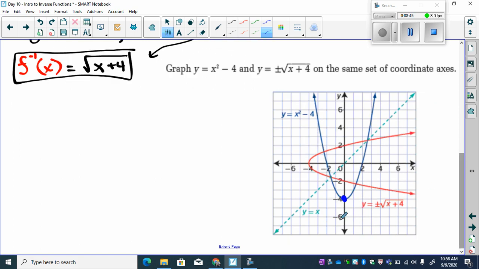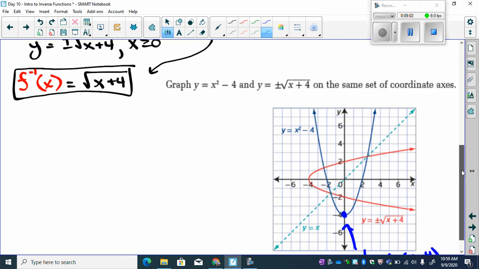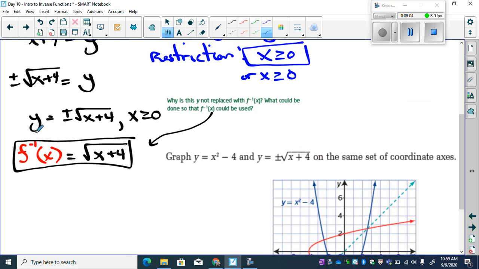There's the vertex at (0, negative 4). There it is, written as an inverse, not as a function. If I wanted to replace y with f inverse of x, I'd have to restrict the domain like I did here.